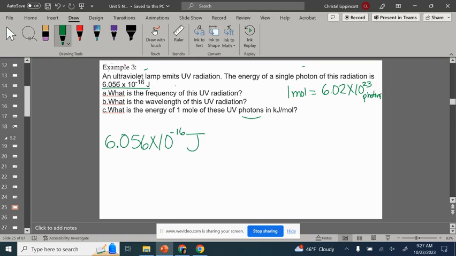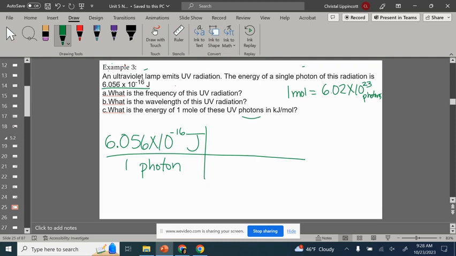And this is per 1 photon. So we have that many joules in every photon. Everybody follow me so far? You doing okay with this?